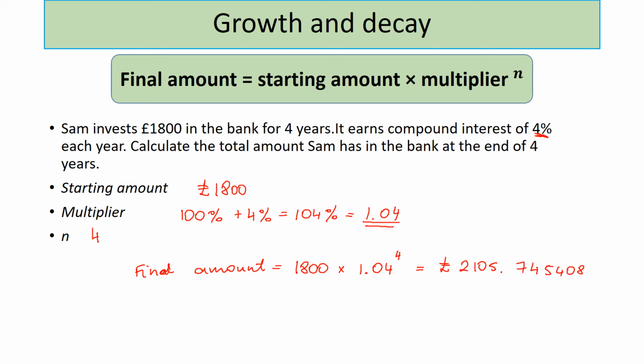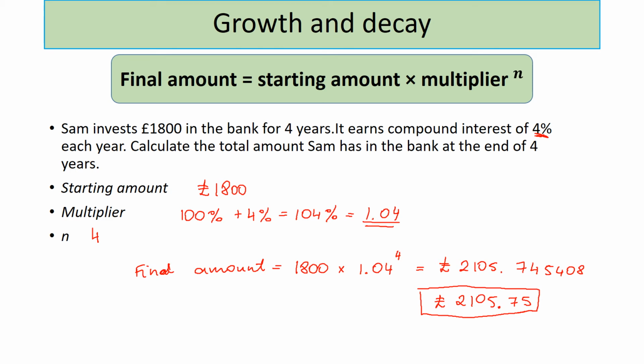Now, because we're talking about money, your answer needs to be rounded to 2 decimal places. So this is not quite your final answer. Your final answer should be 2,105.75. So this is your final answer, because your answer needs to be given to 2 decimal places.